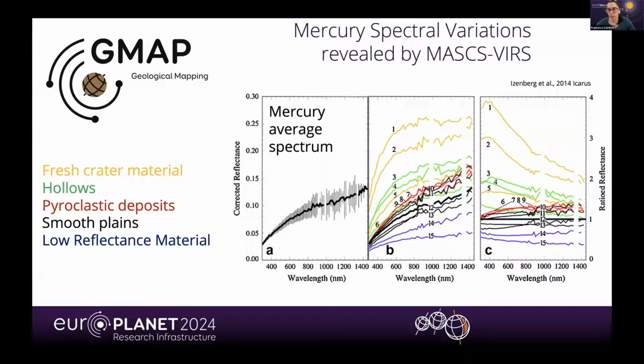So this tells us, for example, that smooth plains are more similar to the average spectrum of Mercury, while low reflectance material tells you that you have a lower reflectance with respect to the average spectrum, but from the spectral point of view, you don't see particular differences in terms of spectral slopes.